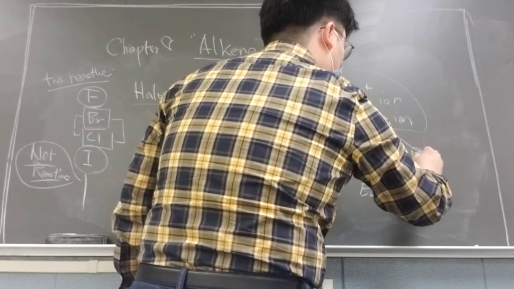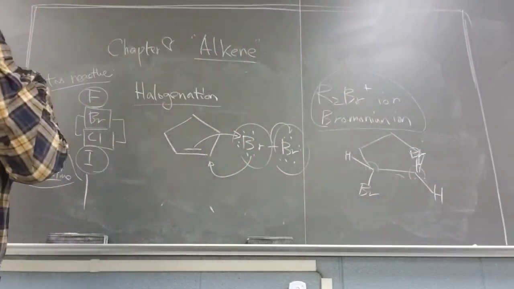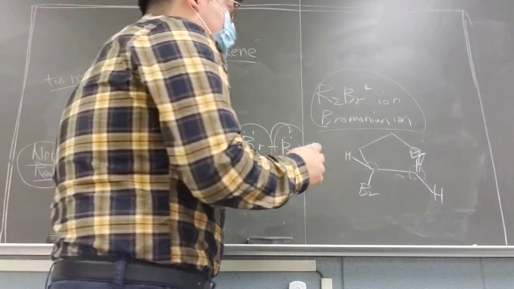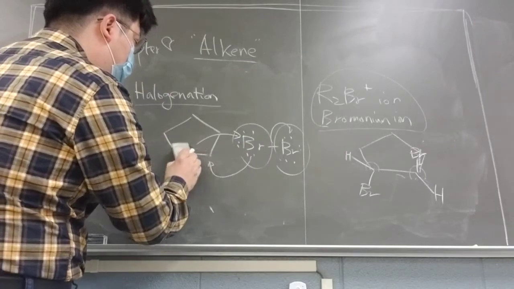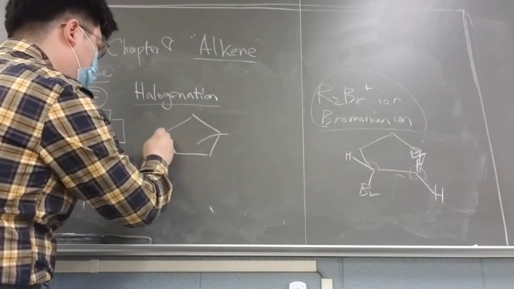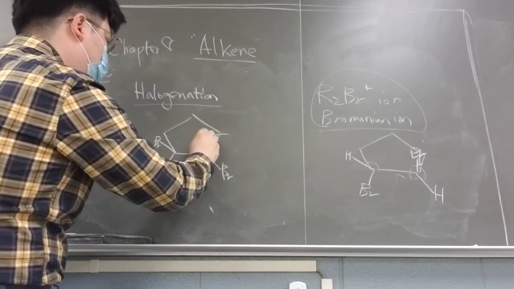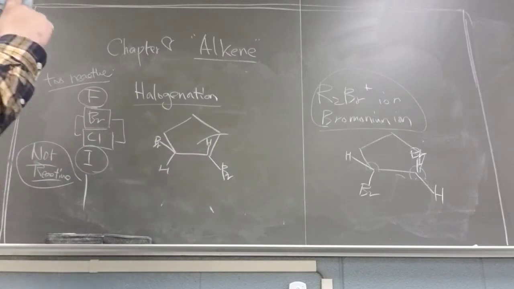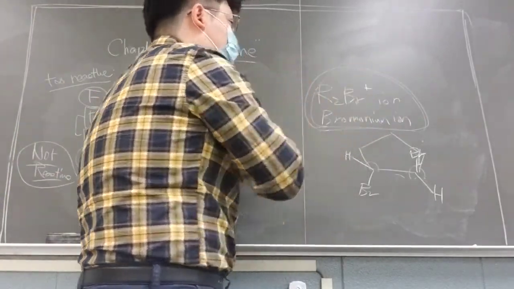So then the problem was, whenever you do this one, they're always going to put each bromine on the other side, not on the same side. And this is where the scientists find out, oh, this might be the reason why.